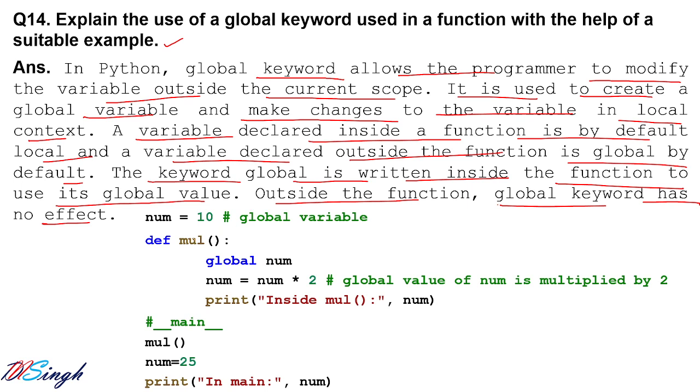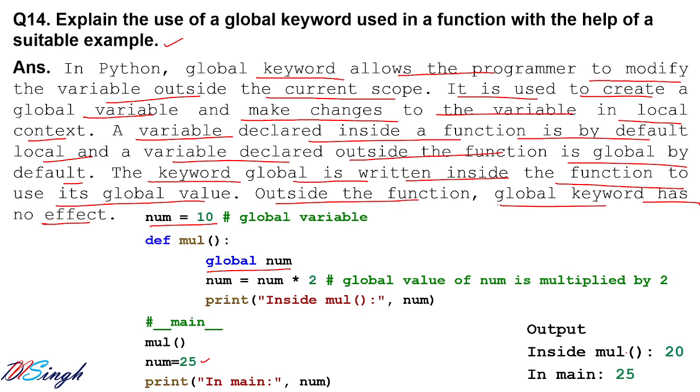Here I have declared a global variable. Now I want to access the same variable inside the function. So we have utilized the global keyword so that it will access the global copy of this variable num. When you say num equal to 25, it is going to update the same copy.